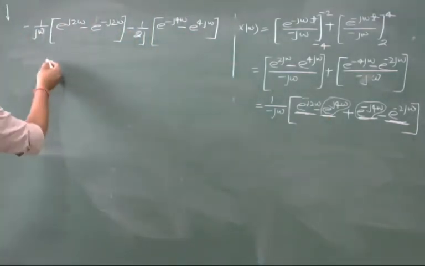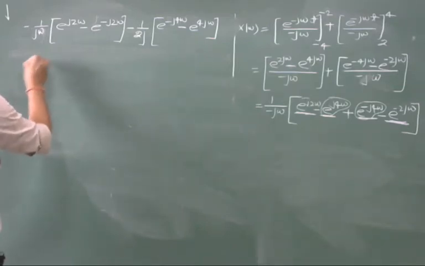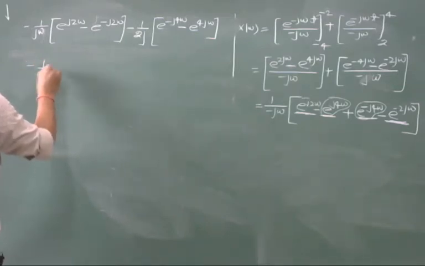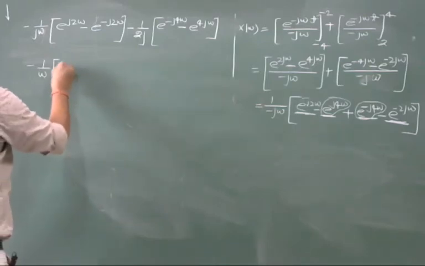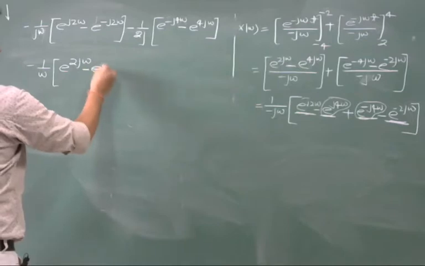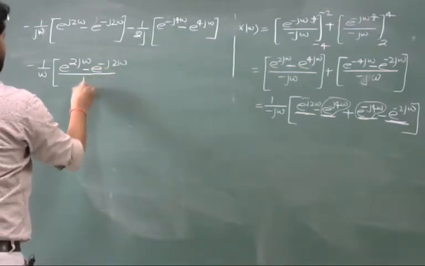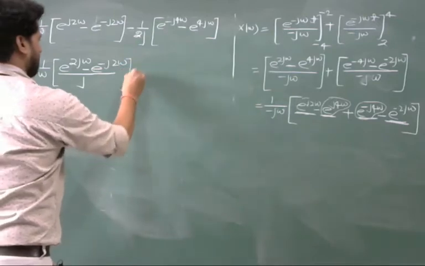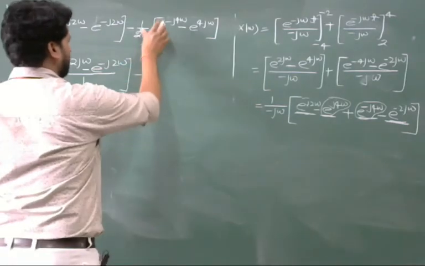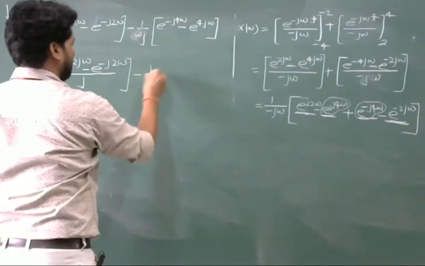Now again multiply with minus 1 by omega, and e power 2j omega minus e power minus j2 omega divided by j, minus 1 by omega.